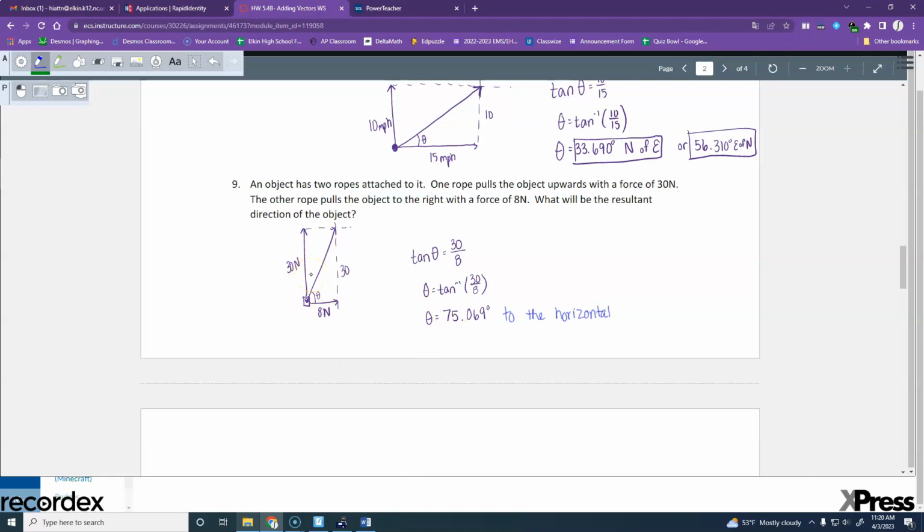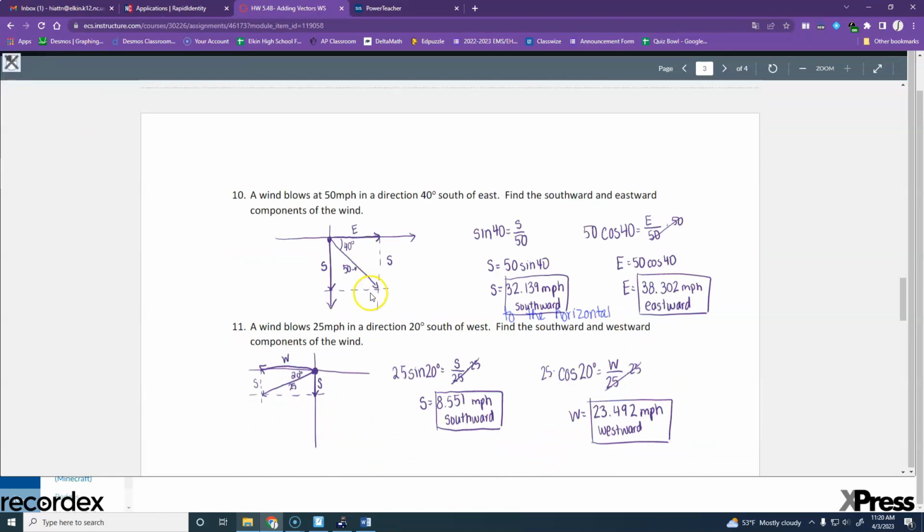If you did, you found the angle to the vertical, which is fine. There you would just say it's to the vertical. On a quiz or test, it's either going to be a little more specific and say, find the angle that the object will make to the horizontal, or the answer choices might say to the horizontal, or to the vertical.